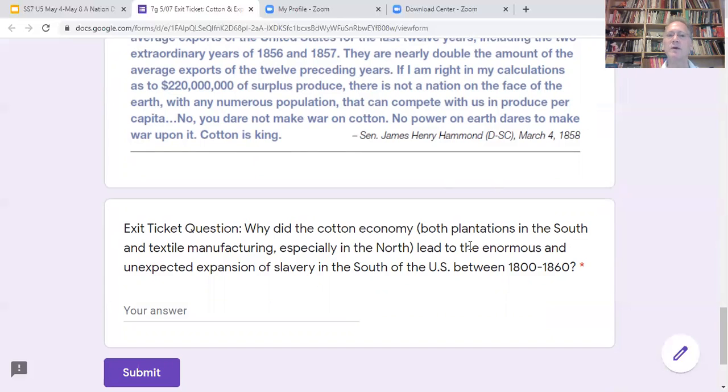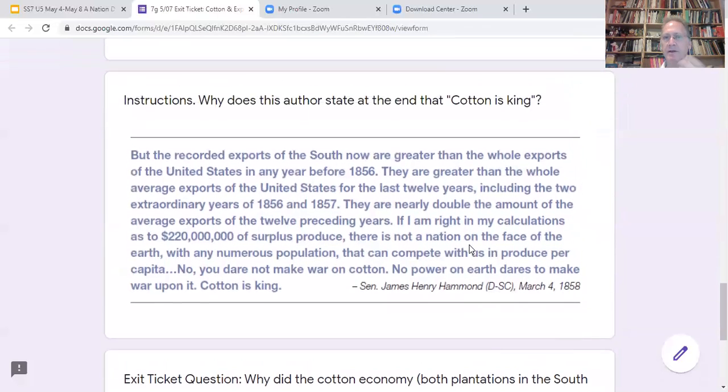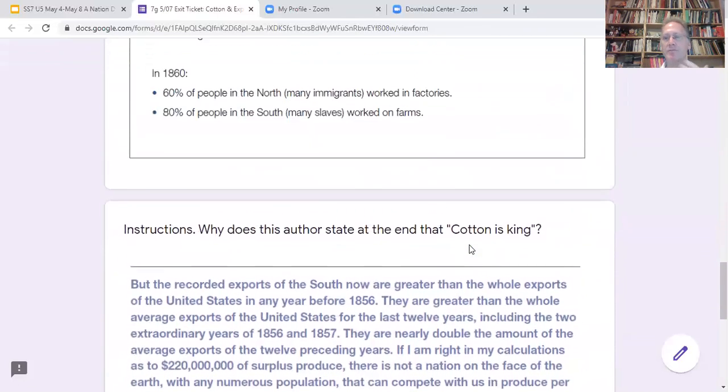Why did this new cotton economy lead to the enormous and unexpected, I emphasize, unexpected expansion of slavery in the South, in the US between 1800 and 1860? So I want you to write a couple of sentences that are grammatical and that kind of wrap it all up, so that you walk away this week with a clear understanding of the answer to that question.